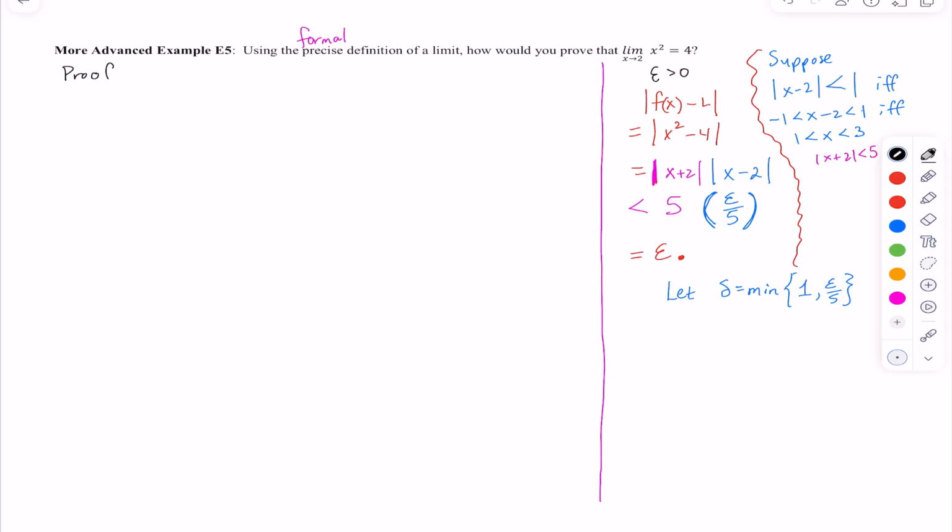So the second process is writing this formal proof using some of your scratch work and your think work. The first sentence is: given epsilon greater than 0. We're going to state our delta now.